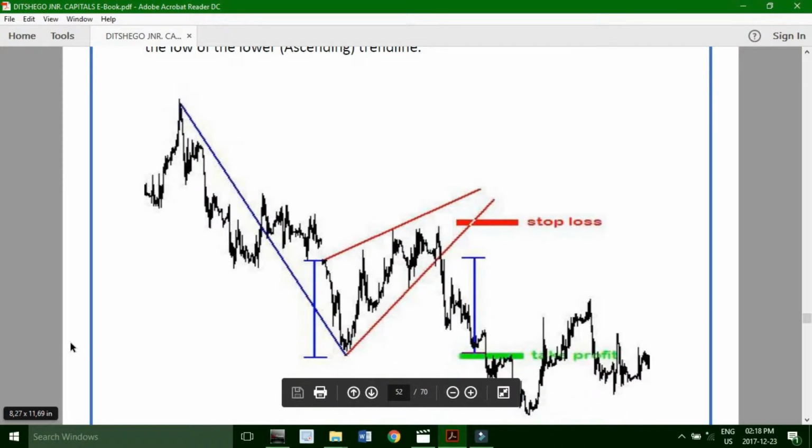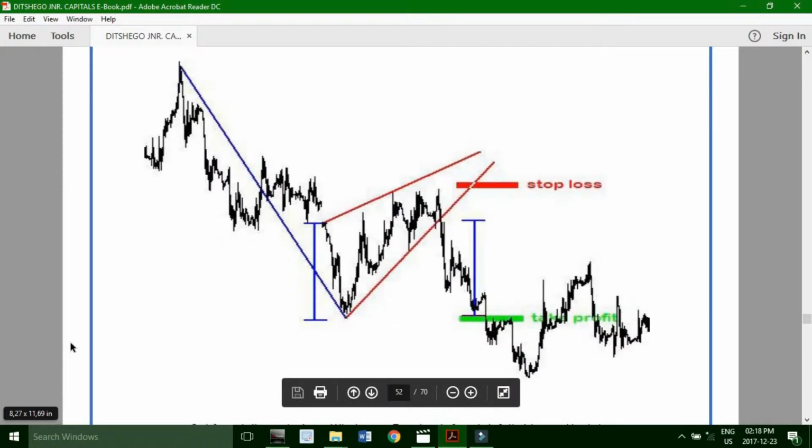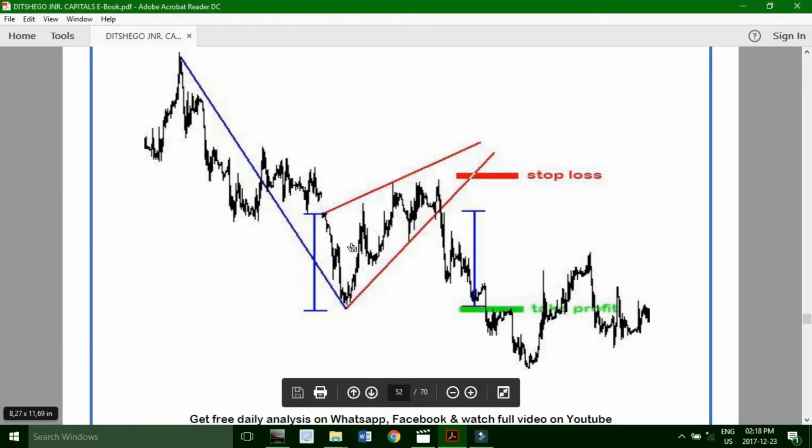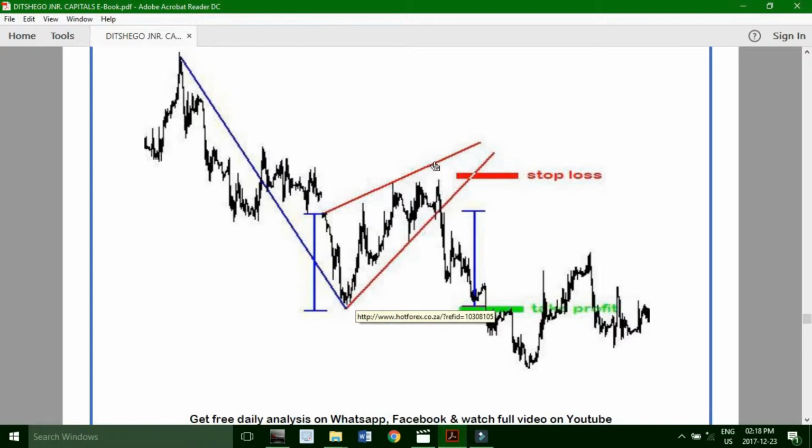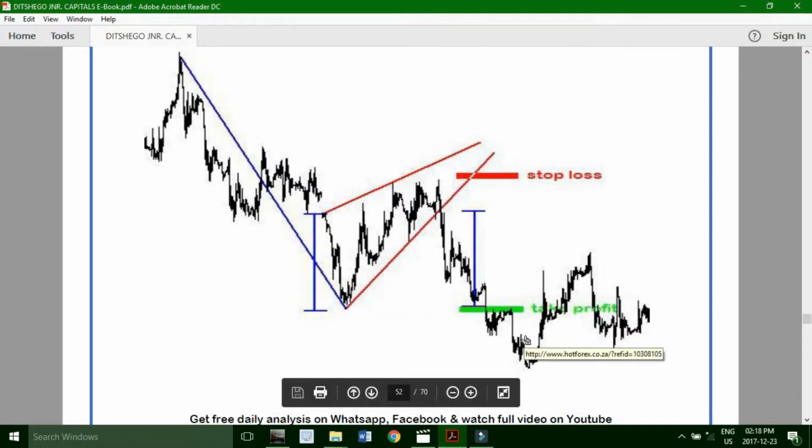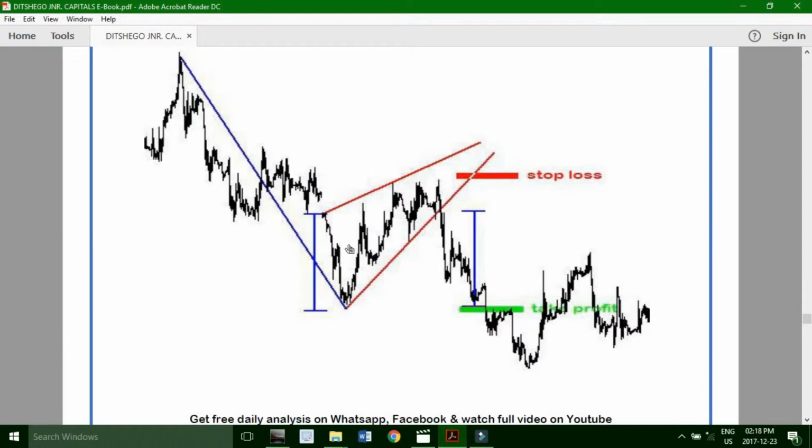Here is also an example of a rising wedge. As you can see, the market started off with a downtrend and then started moving up. From here it reversed and started selling off. The red lines are the confirmation of our rising wedge, where the market consolidates between these two lines.